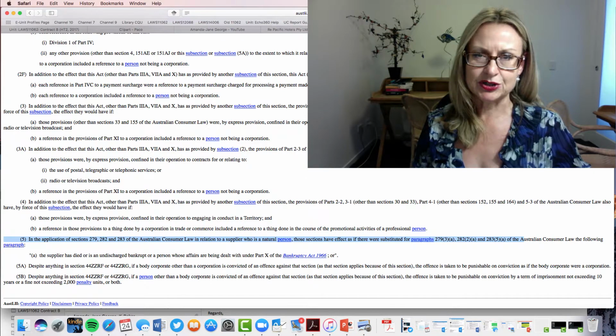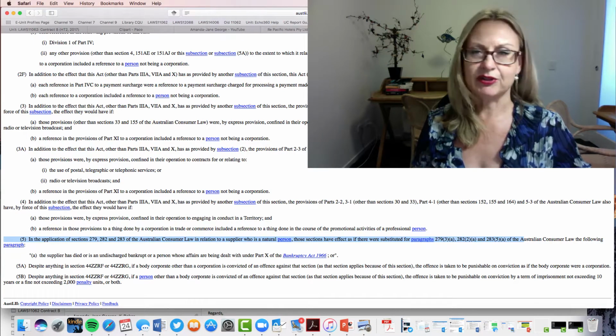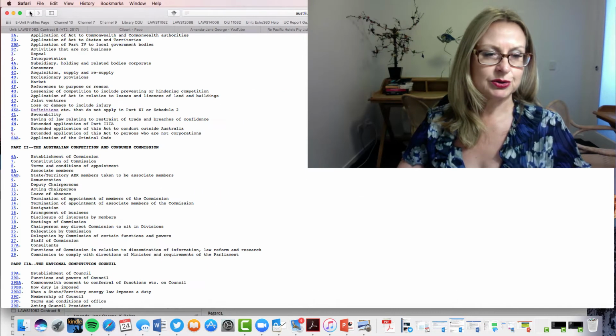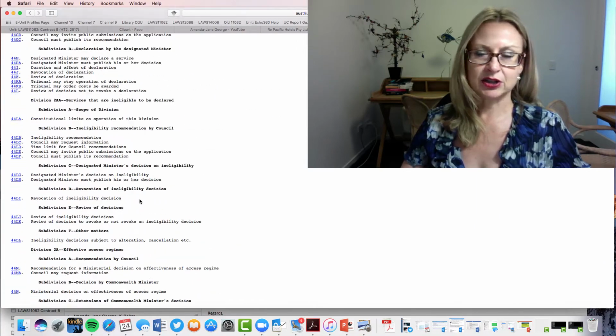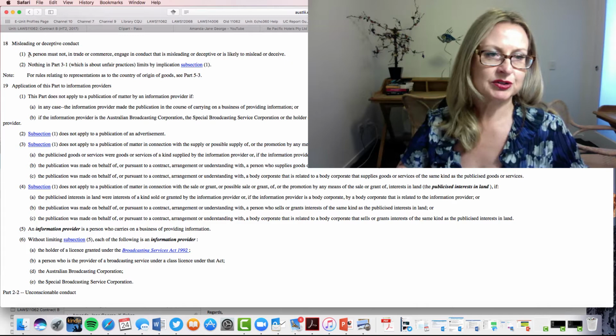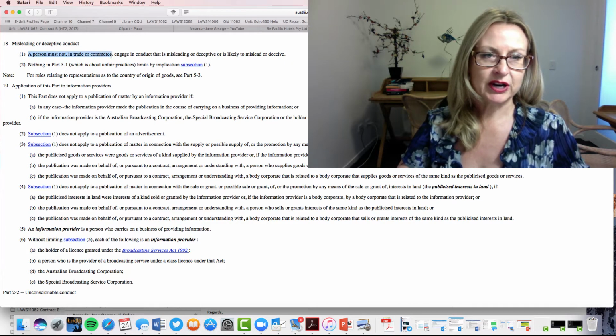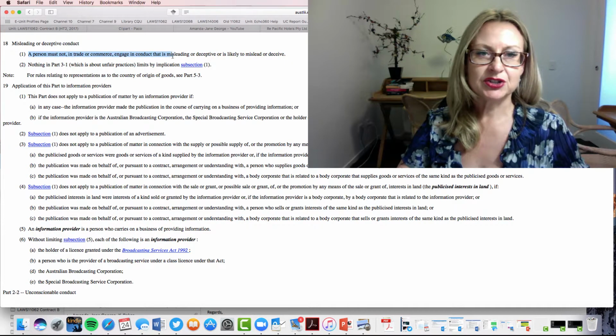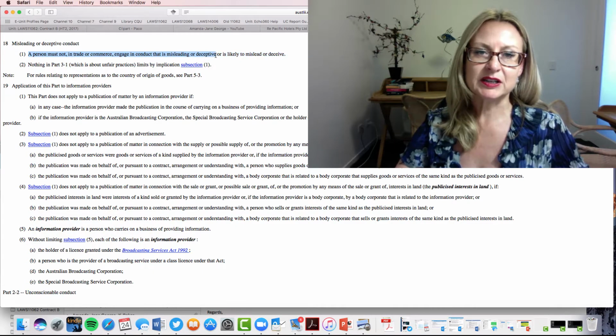So the next thing we need to do is look at the elements of an action under Section 18. So turning back to Section 18, here we are, and it says a person must not, in trade or commerce, engage in conduct that is misleading or deceptive or is likely to mislead or deceive.